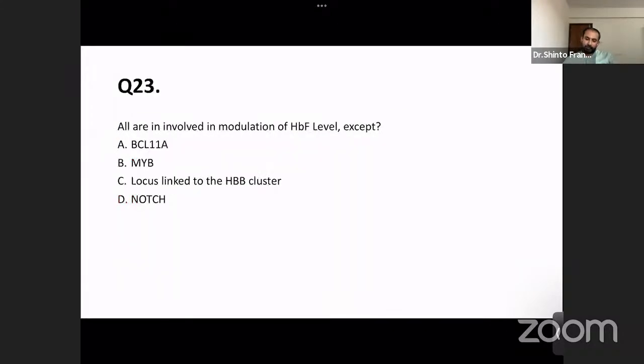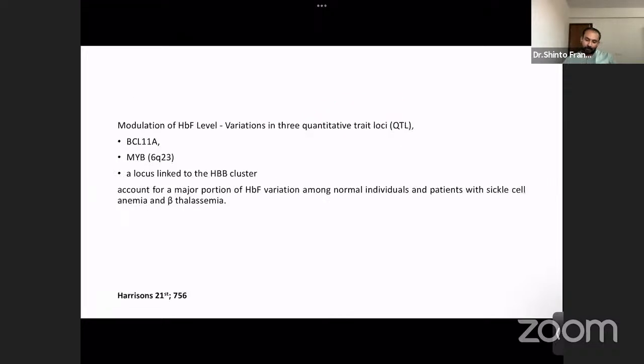Question 23 is basically modulation of the fetal hemoglobin levels. BCL11A, MYB, locus linked to HBB cluster, Notch, which of these is the exception? So the answer is D. Modulation of HbF has 3 levels: one is BCL11A, MYB 6q, and the HBB cluster locus.